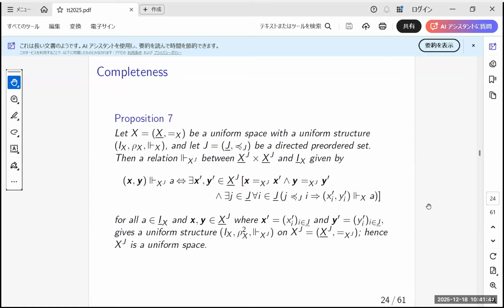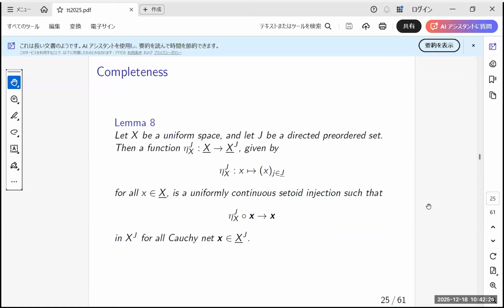And also, we can define a uniform structure on the space of nets in this way. The uniform structure consists of I_X, which is in the original uniform structure, rho X to the 2, and the forcing relation defined as above. Then we can make the space of nets a uniform space.